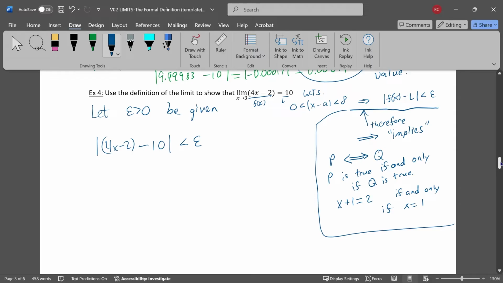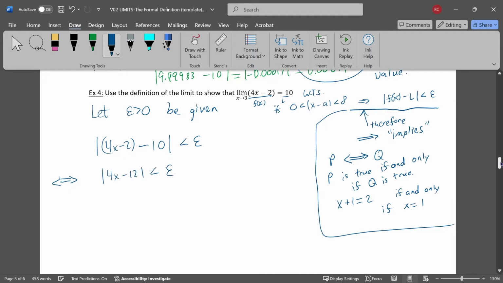Because the logic of the formal definition of the limit says if the absolute value of x minus a is less than delta, then the absolute value of f of x minus L is less than epsilon, we need the inequality to go both ways if we're going to start by working with the conclusion. And so we can say here that it's true if and only if the absolute value of 4x minus 12 is less than epsilon.